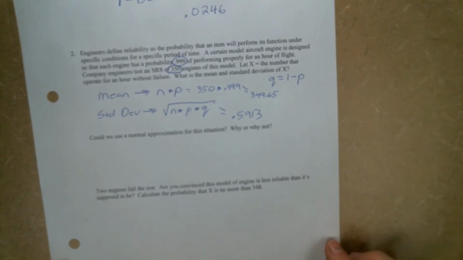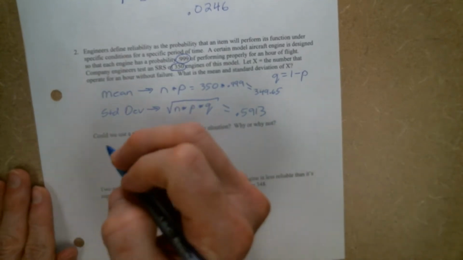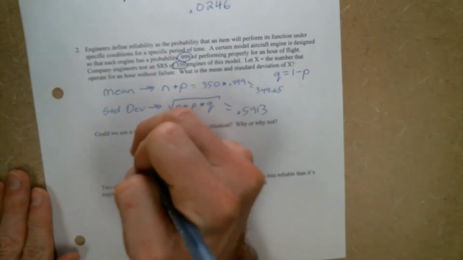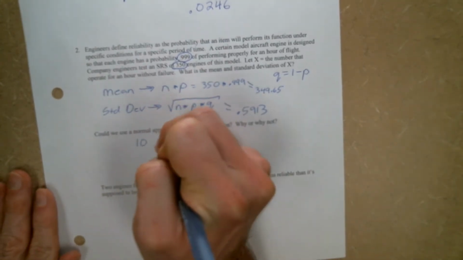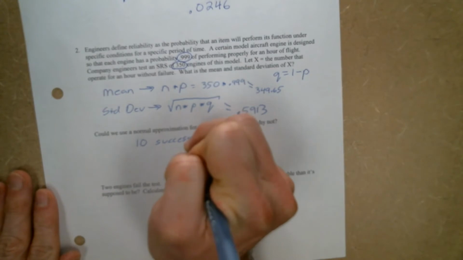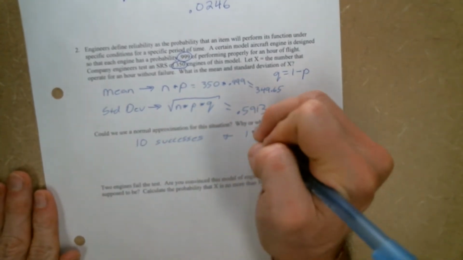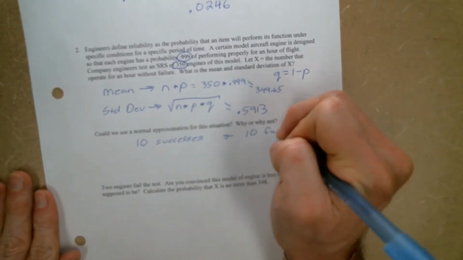All right, could we use a normal approximation for this situation? So we've talked about how when certain conditions are met, the normal distribution and the binomial distribution will more or less give you the same answer. And the condition required is 10 successes and 10 failures.